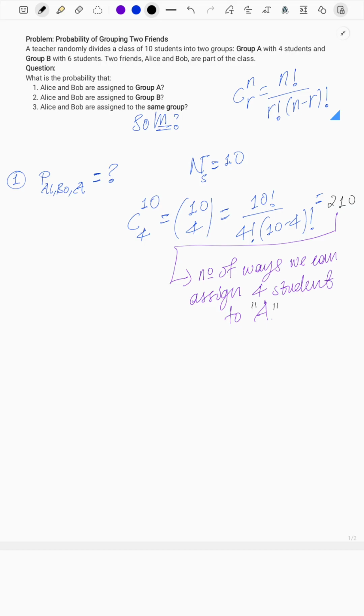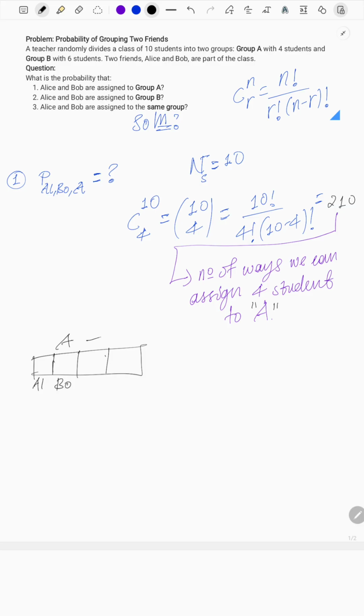For Alice and Bob to be assigned to Group A, let's assume we know that Group A has 4 spots, its size is 4 students. So for Alice and Bob to be present in this Group A, we'll assume they are present in that group. In the first spot we have Alice, and in the second spot we have Bob.